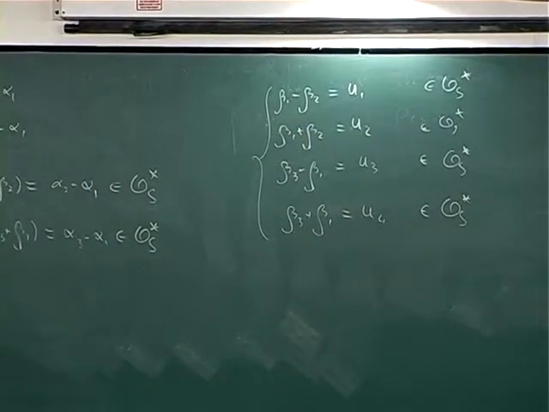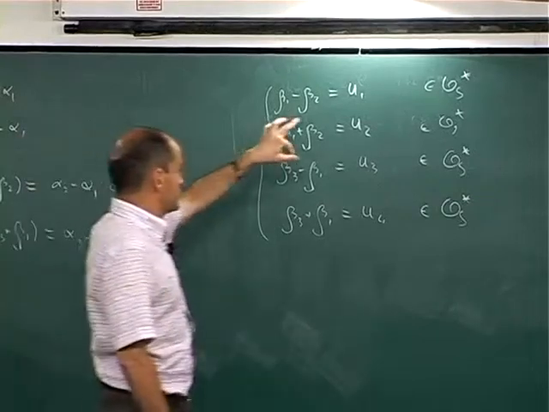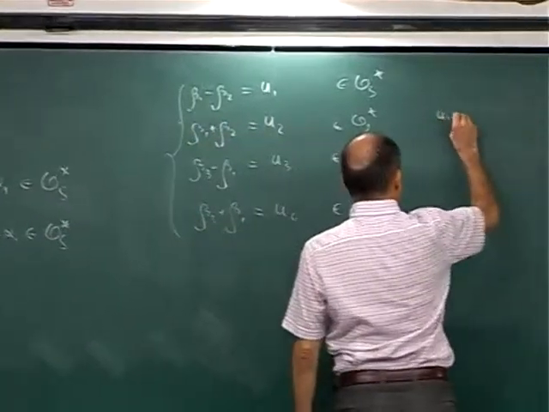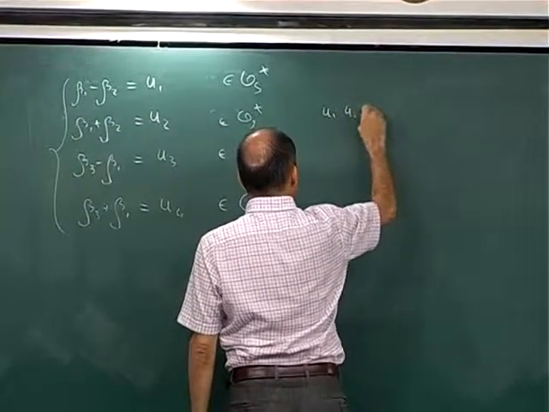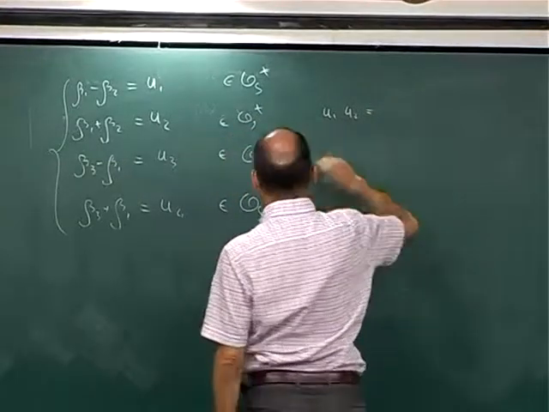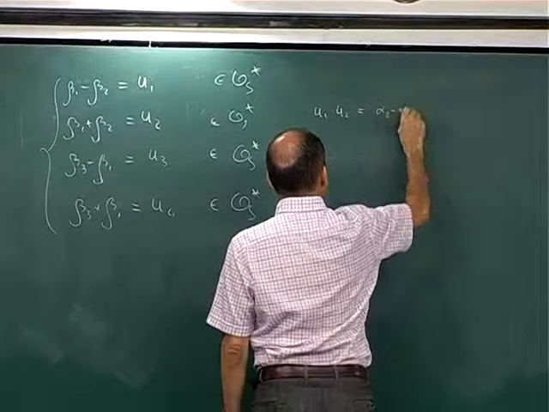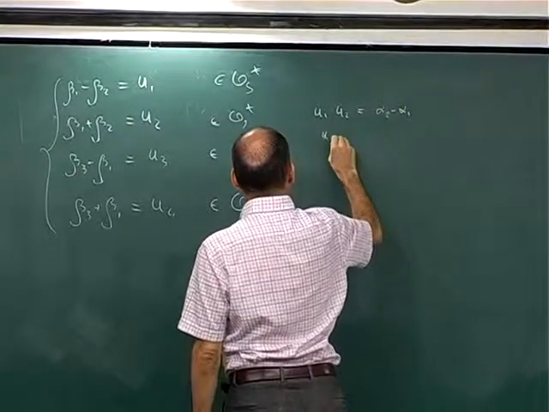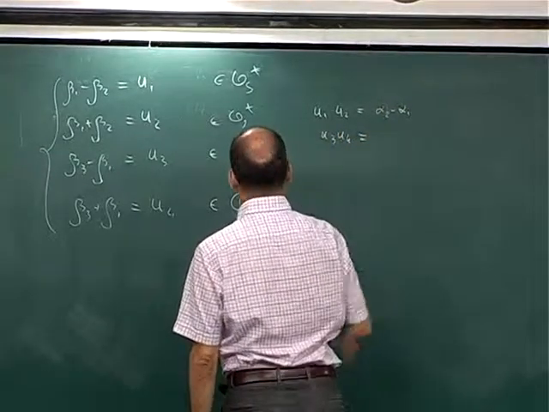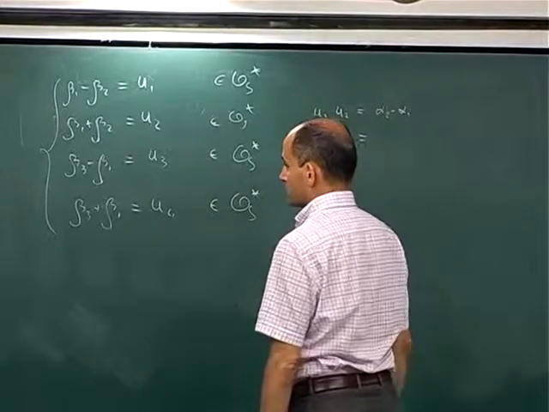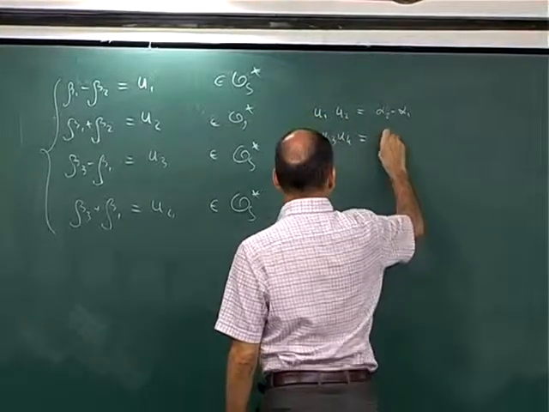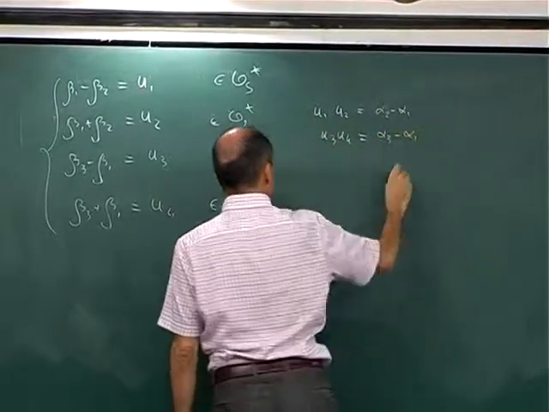And moreover, we have other relations: u1 u2 equals a constant, and u3 u4 equals another constant, which is alpha 3 minus alpha 1.